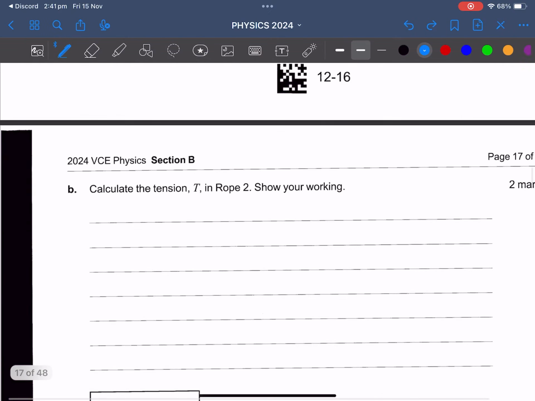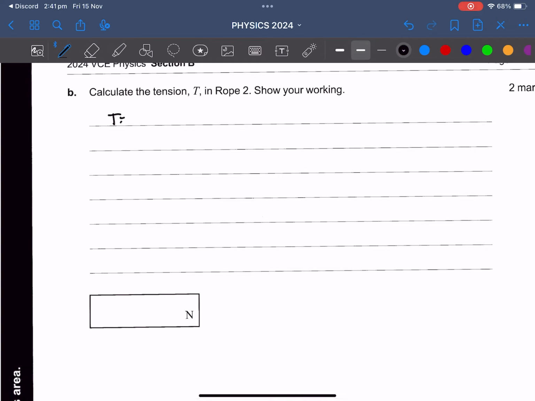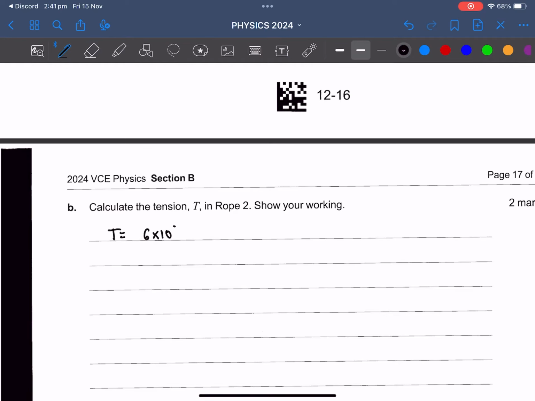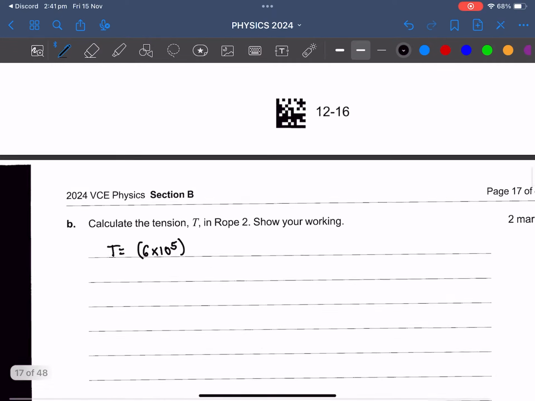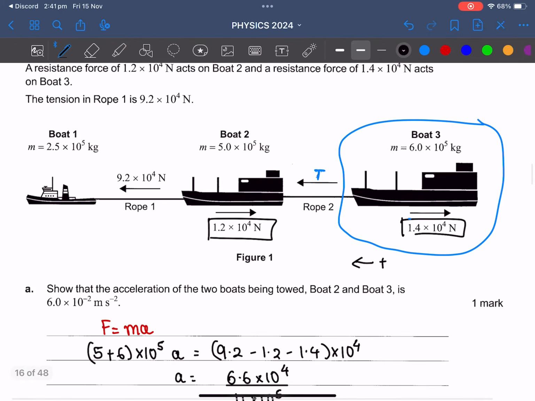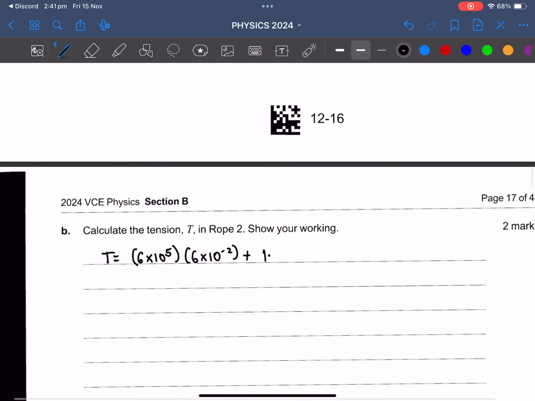So our tension is equal to the mass of boat 3, which is 6 times 10 to the power of 5, times the acceleration that we found to be 6 times 10 to the power of minus 2, plus the friction, which is 1.4 times 10 to the power of 4 newtons.